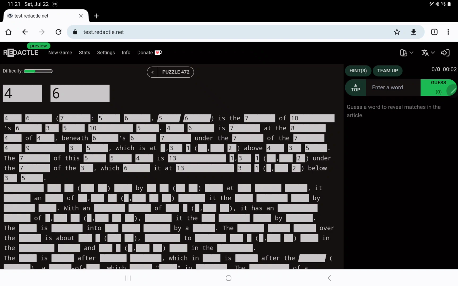So there's something above, I don't know, above sea level, but then below the 7 of this, under the 7 of the 3. Oh my goodness. 9, 3, 2.